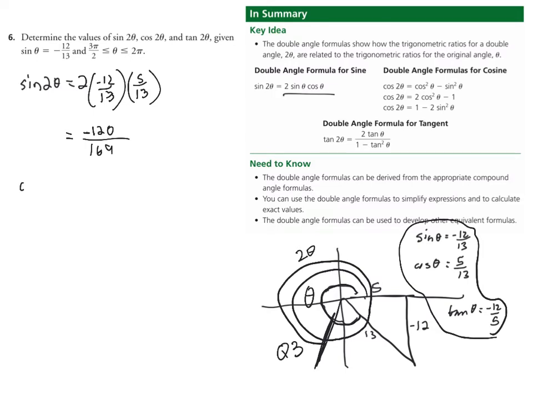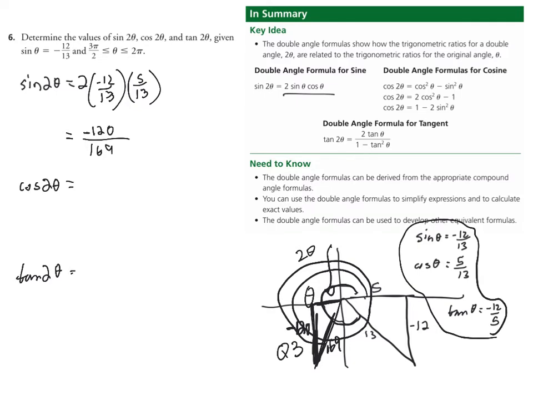Well, that means this angle right here, I can make negative 120, and this is 169. And so let's use the Pythagorean theorem to find this, and then we'll be able to check our answers when we do cos 2 theta and tan 2 theta to see if they make any sense.